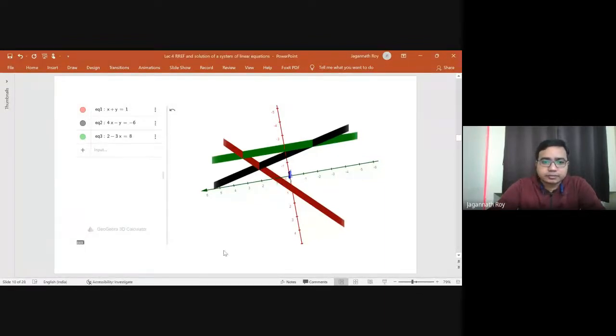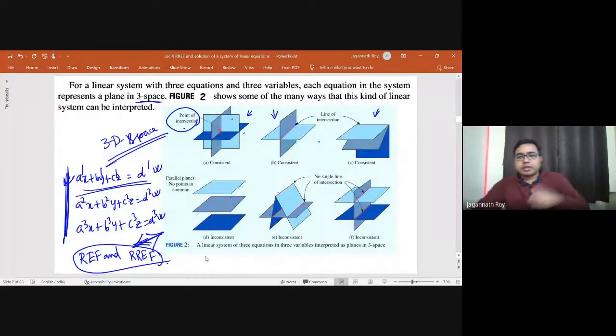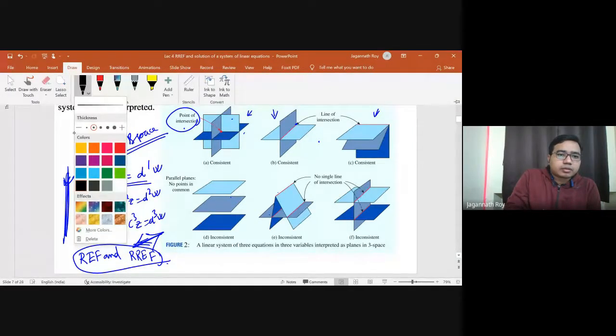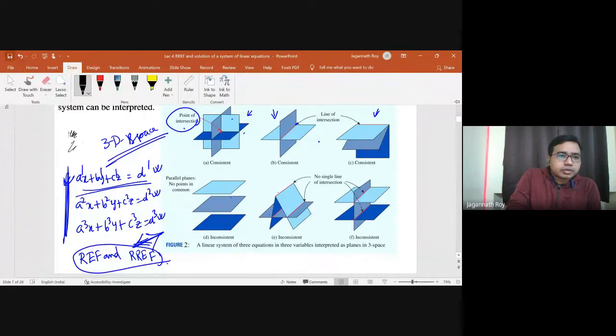Okay. Yeah, so let us come back again and check what we have seen just now. This pen has changed its shape.